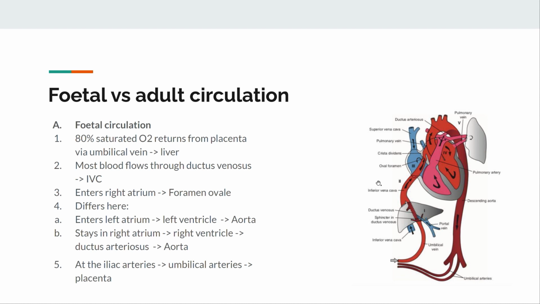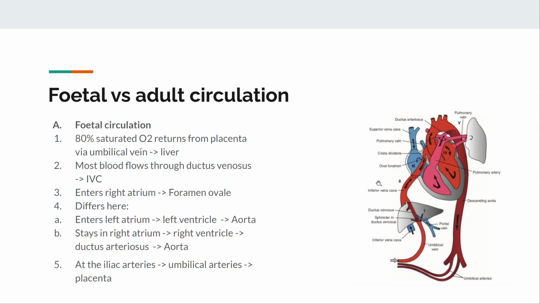And the ductus venosus is essentially like a bypass tunnel for the blood to skip the liver, because if you got stuck in the liver, most of the blood's going to be lost there. Of course, some blood is given to the liver because it does need to survive, but most of it goes straight to the inferior vena cava.